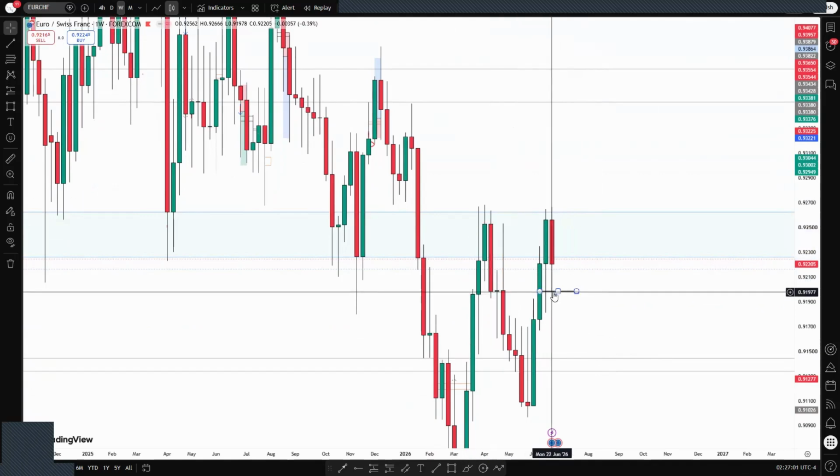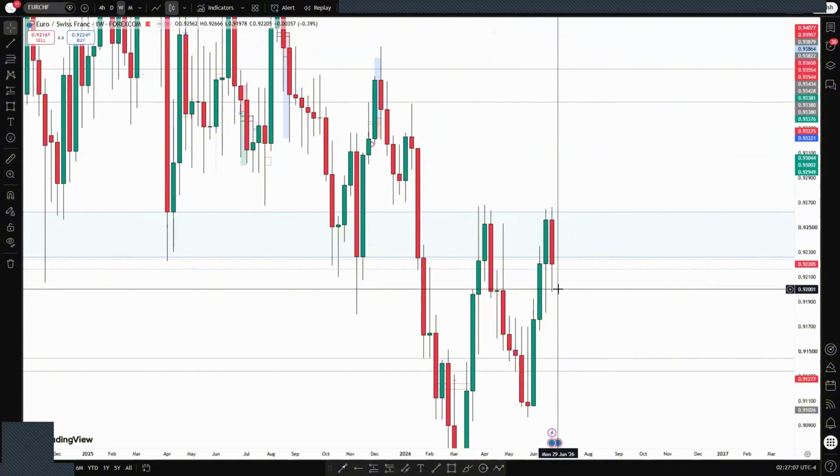So what do we do next as traders? What we do next is, the weekly time frame is set. Let's see the daily time frame.